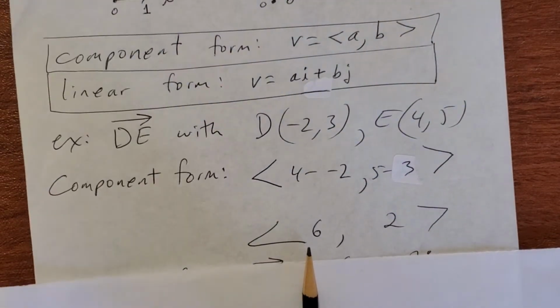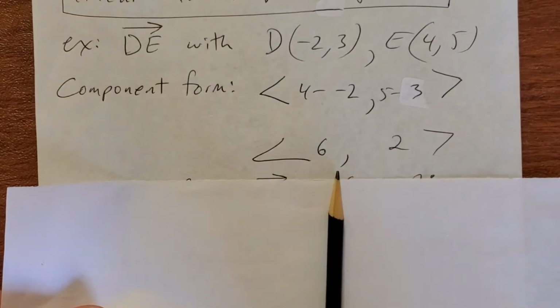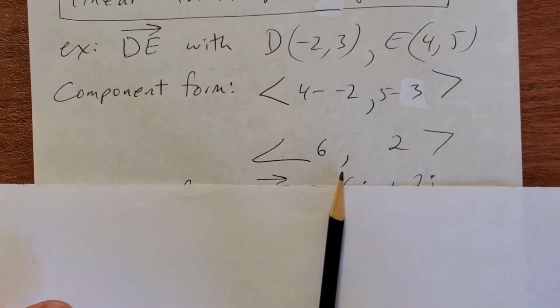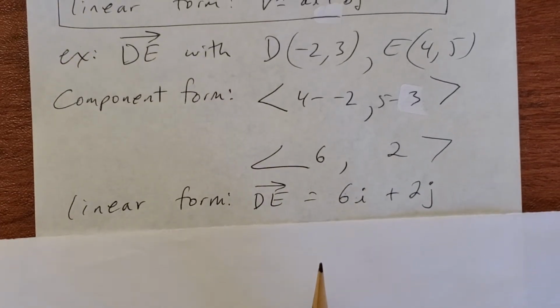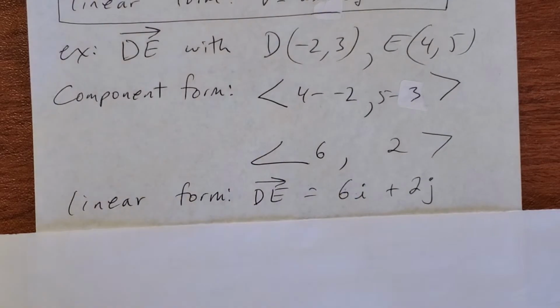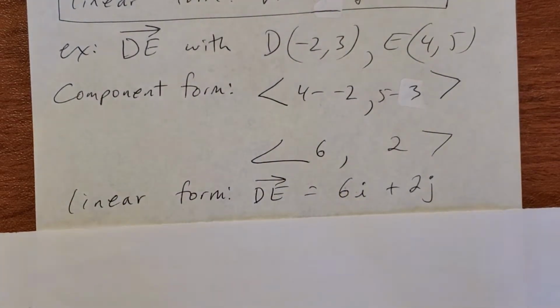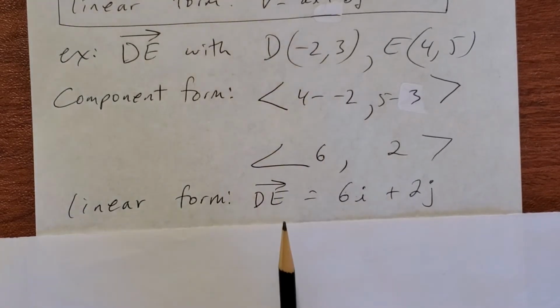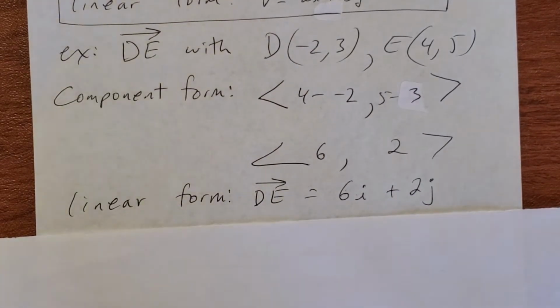This is the component form, A, B, with the brackets and the comma. Now I change that to the linear form, 6i plus 2j, 6 across plus 2 up. So it's just another way of expressing the vector: the component form, the linear combination form.